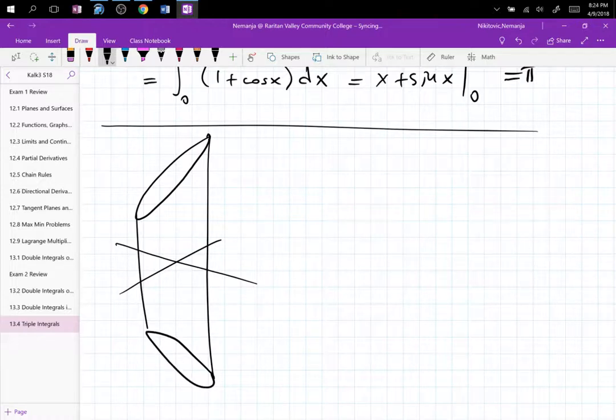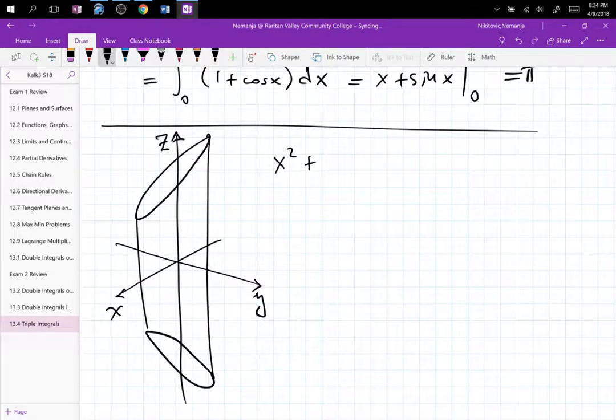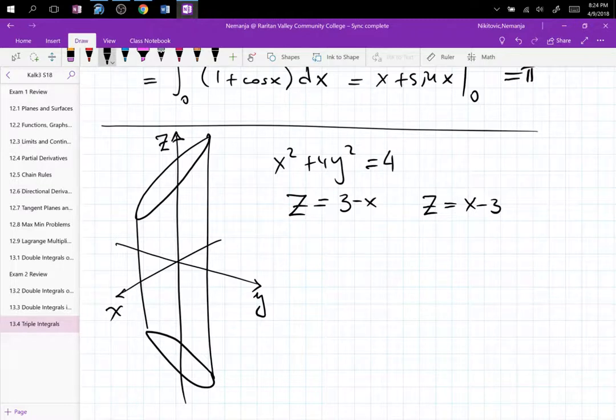And the shape of this cylinder is x squared plus 4y squared equals 4. And we have two planes, z equals 3 minus x and z equals x minus 3.